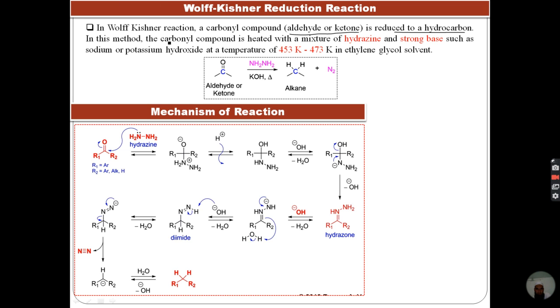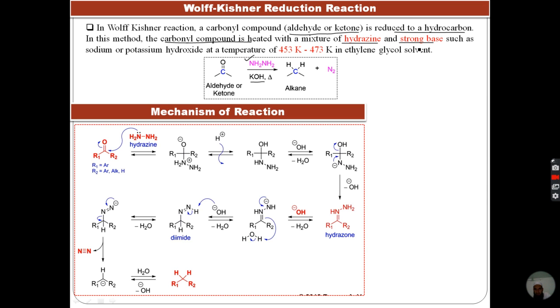So in this method, a carbonyl compound is heated with a mixture of hydrazine. यानी जो हमारा carbonyl compound है, whether it's an aldehyde or ketone, we heat this with hydrazine, that's NH2NH2, and a strong base. For example, here it is shown potassium hydroxide. You can use a sodium alkoxide base, potassium tertiary butoxide base, and so on. So it should be a strong base.